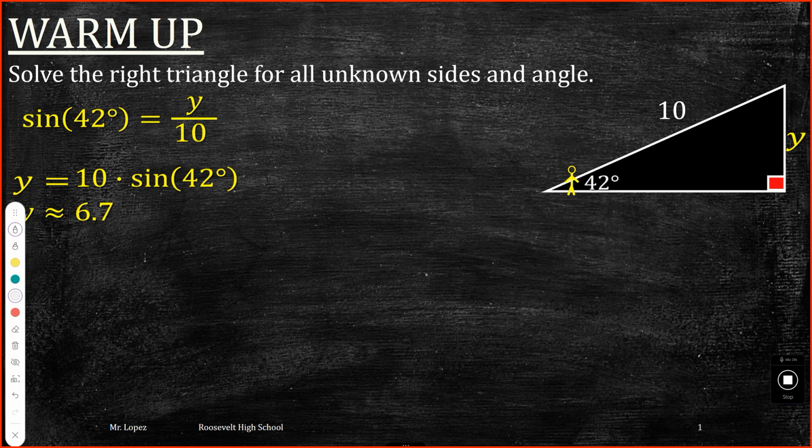And what would be x? Let's call this x. So if I'm standing here, what am I going to use? x over 10? Cosine. So it's going to be cosine of what? Cosine of 42.